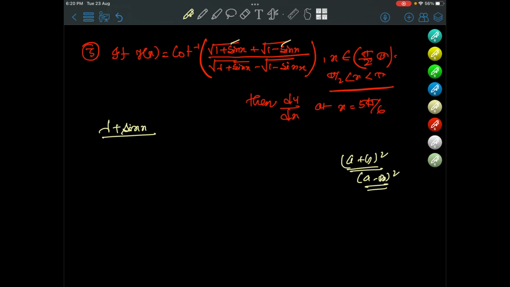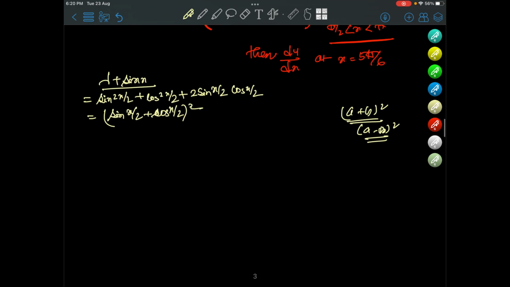These two formulas will be very crucial to solve this question, because 1 plus sin x, we can write as sin square x by 2 plus cos square x by 2 plus 2 of sin x by 2 and cos x by 2. We can write it as sin x by 2 plus cos x by 2 whole square.